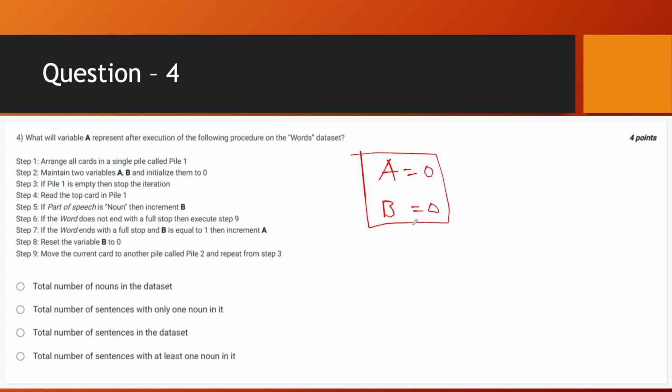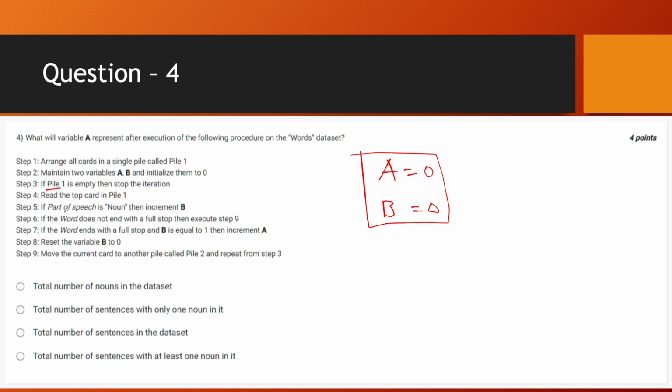So in the first iteration you have 2 variables A and B whose values are initialized to 0. Step 3 states, if pile 1 is empty, then stop the iteration. This step will not be of use to us until we reach the last card in the pile. Going on to step 4, it states to read the top card in pile 1.